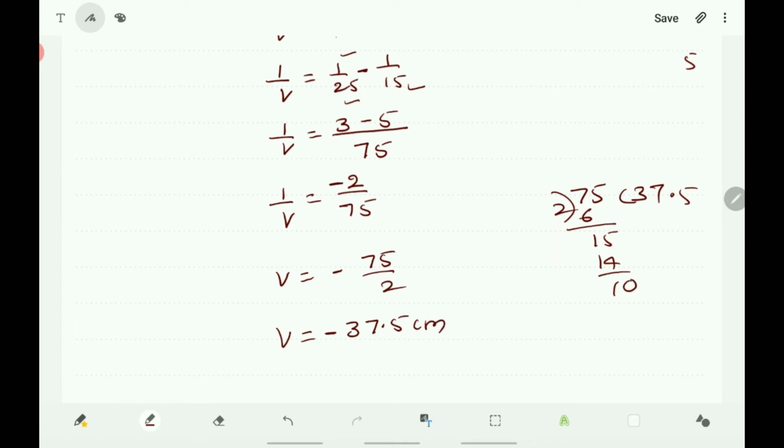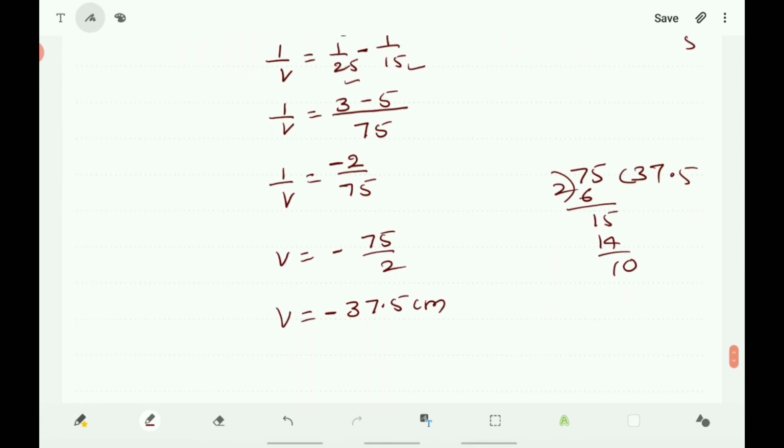Therefore, the image distance is 37.5 centimeter from the mirror. As v is negative, it is a real image.